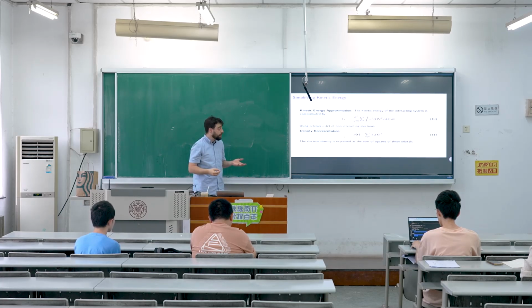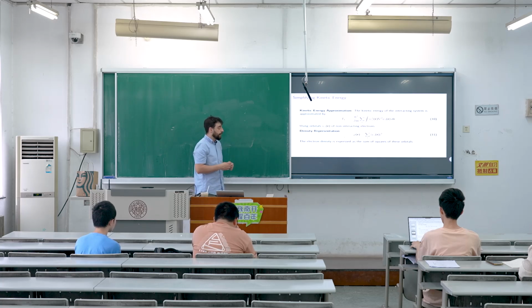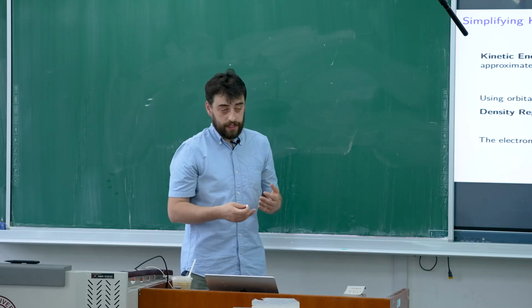We don't have a form. But what happens, because all we're really trying to do is to find the density of the system, what happens if we made another system which resembles our original many-body system in some way, but is easier to calculate, and we know the form of some of these expressions.